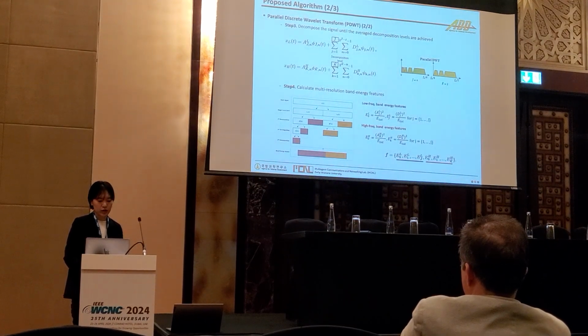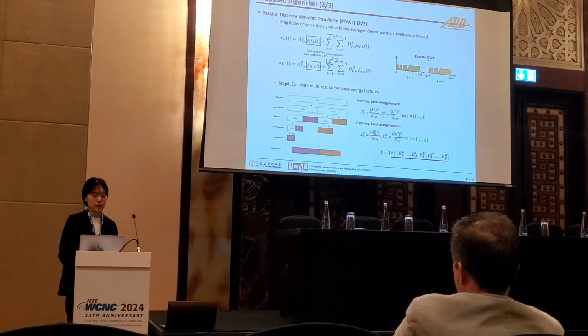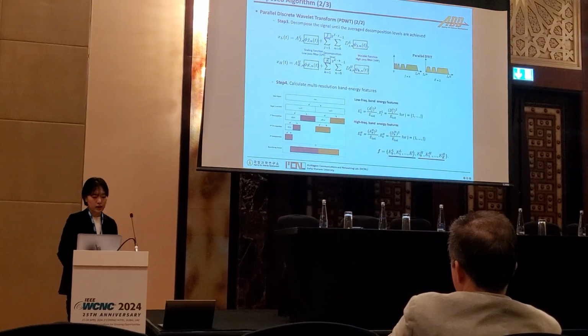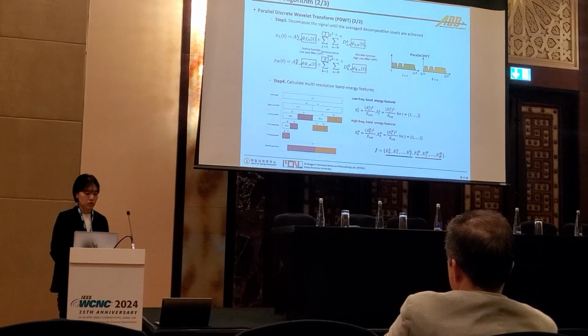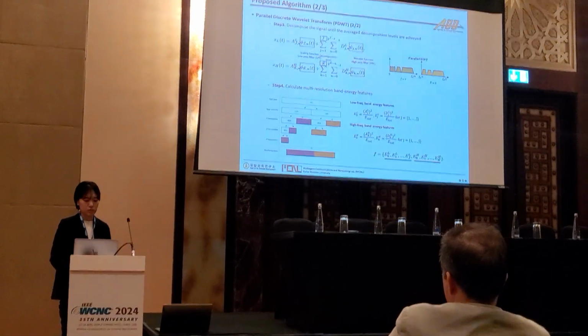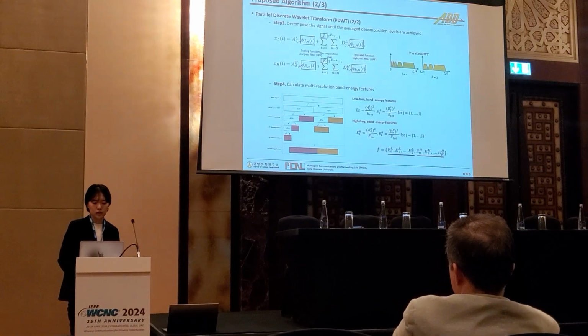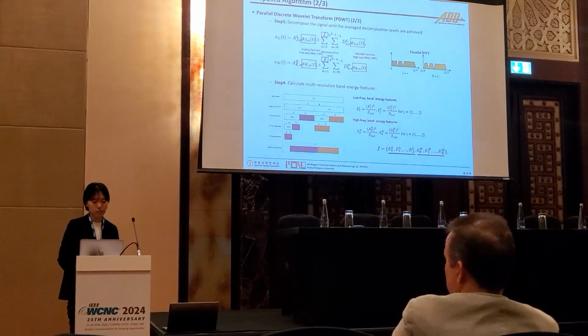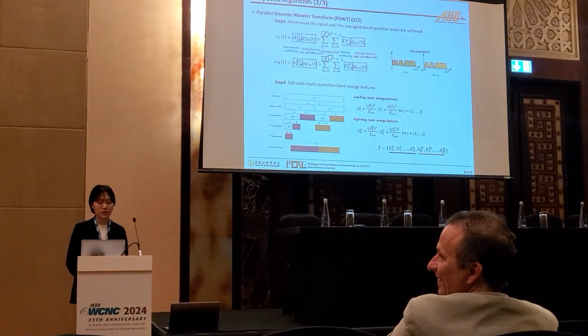And in here, the scaling function acts as a low pass filter, and the wavelet function acts as a high pass filter. So as the decomposition proceeds, the signal in frequency band is held in bandwidth, and we can acquire the approximation coefficient and detail coefficient.